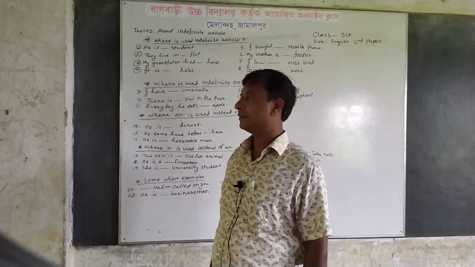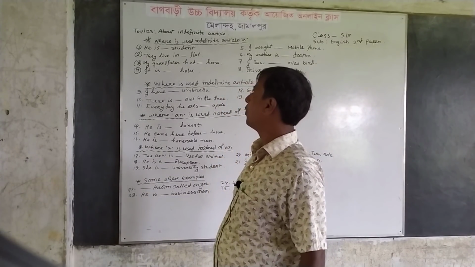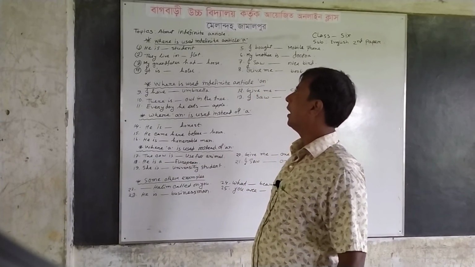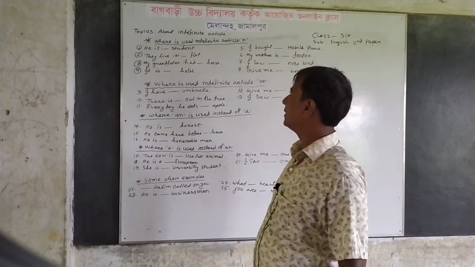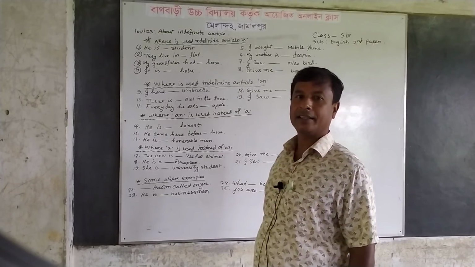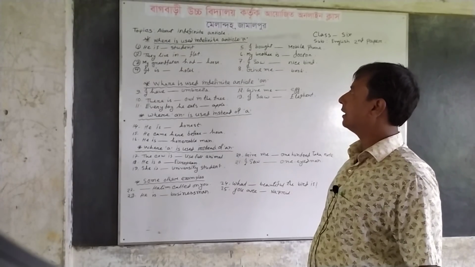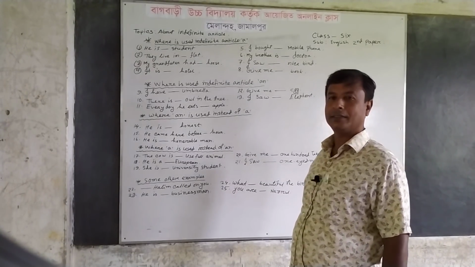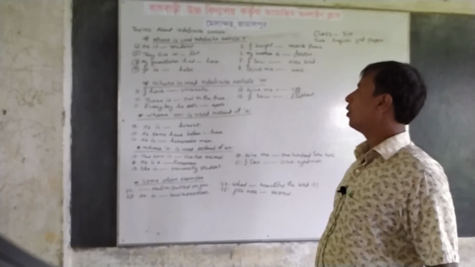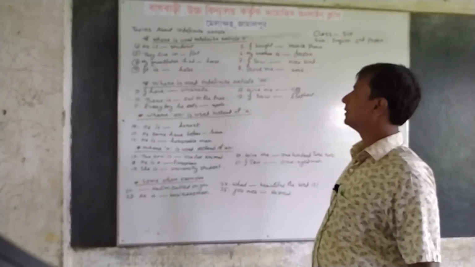Dear student, look at the board. Here I have written example of some indefinite articles. If you follow the class attentively, I hope that you will solve the problems of indefinite articles.